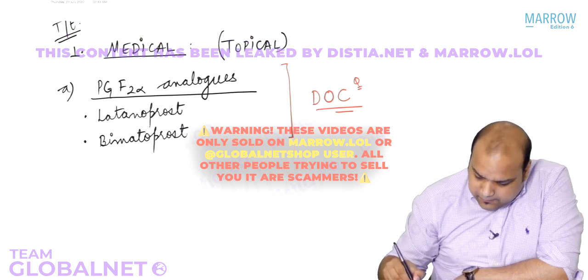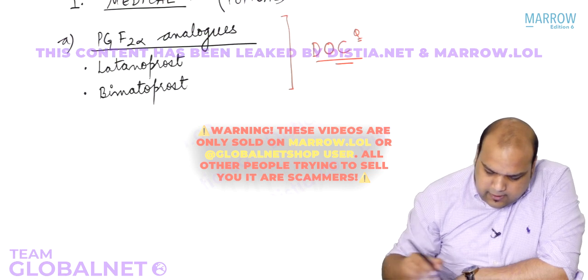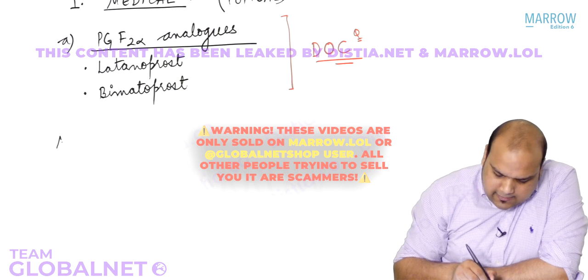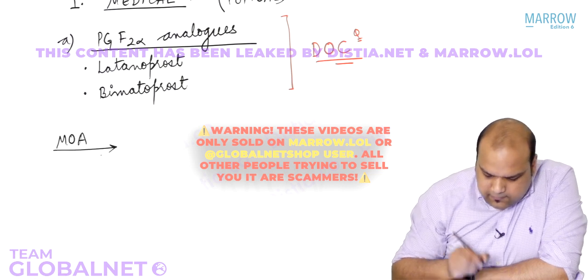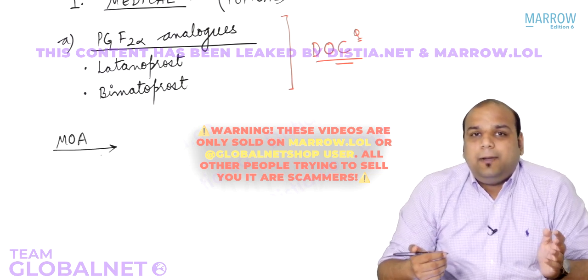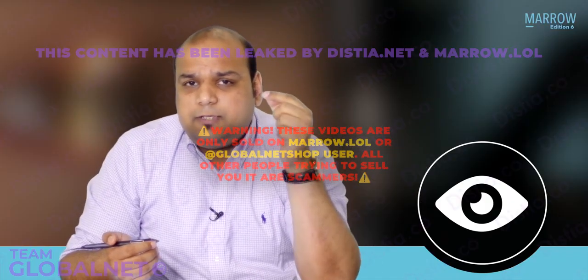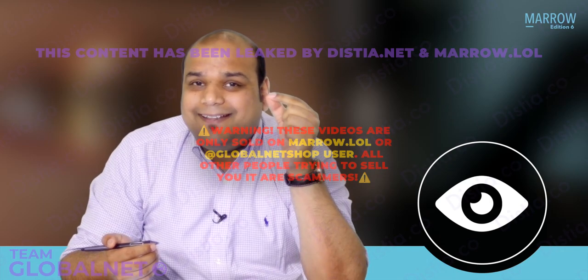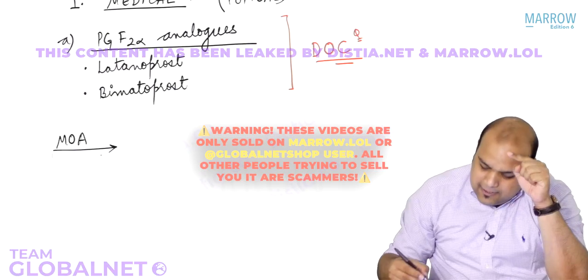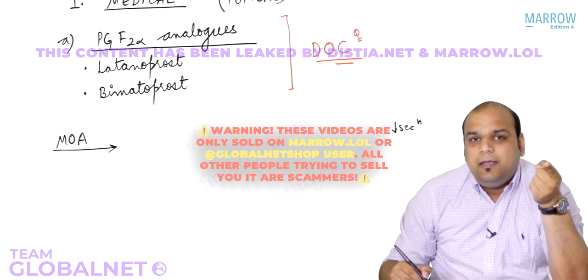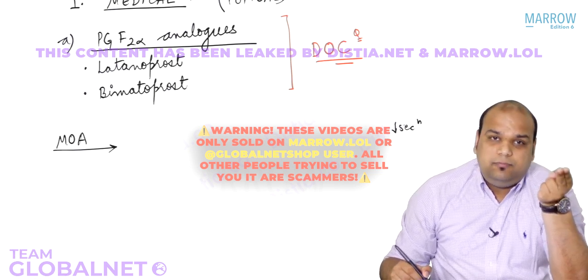Okay, everybody? Now, important point about these drugs. What is the mechanism of action? Mechanism of action of any drug in glaucoma can be three. Think about the pathogenesis and reverse it. In pathogenesis of glaucoma, we said there can be either increased secretion, so as a mechanism, we can either have decreased secretion. There can be blockage of outflow.